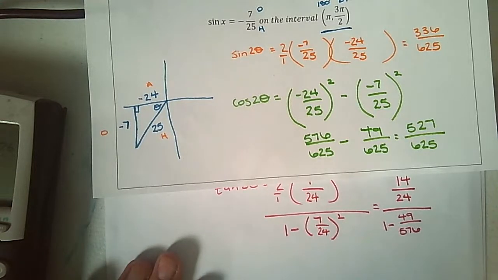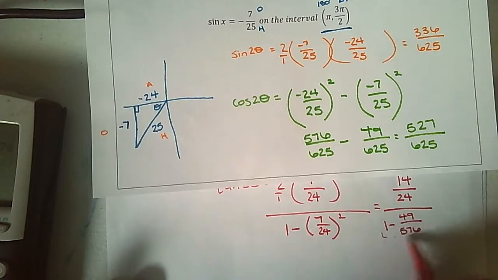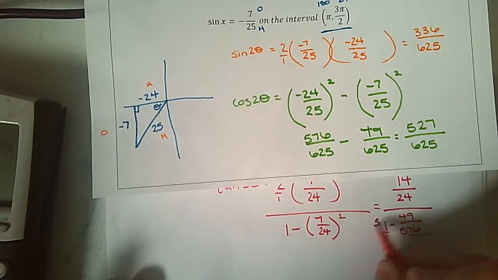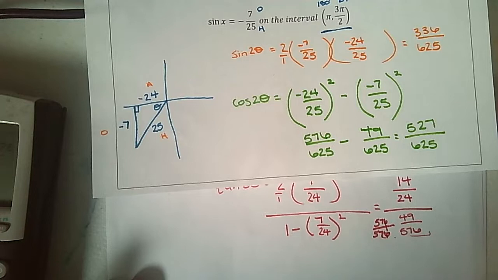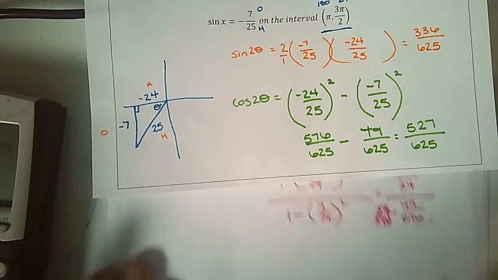All right, so first thing I need to do before I can divide these two fractions is I need to clean this up. So to get my common denominator, I'm going to times top and bottom of this one by 576. And 576 minus 49 is going to give us 527. So I'm going to rewrite this.